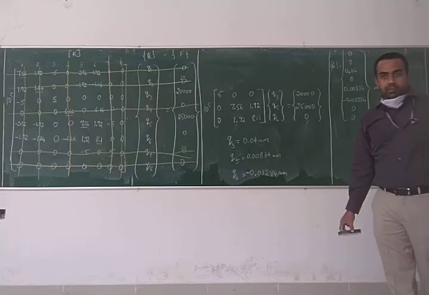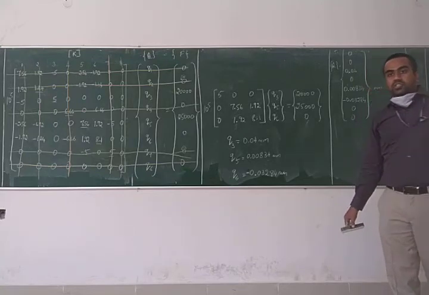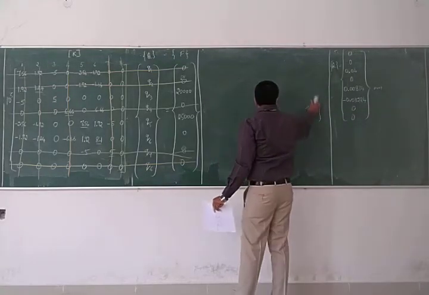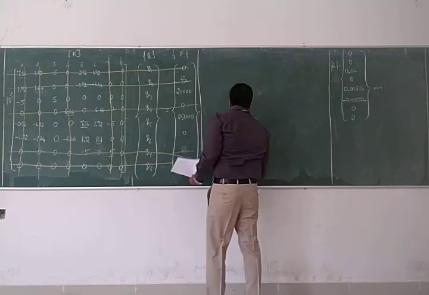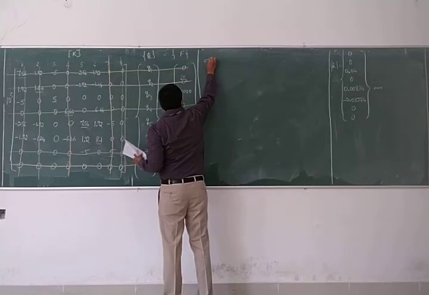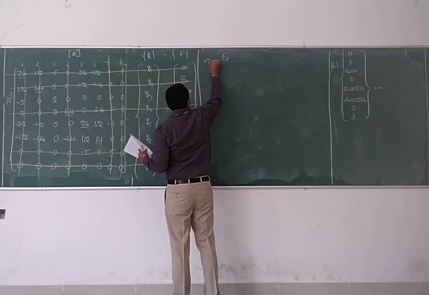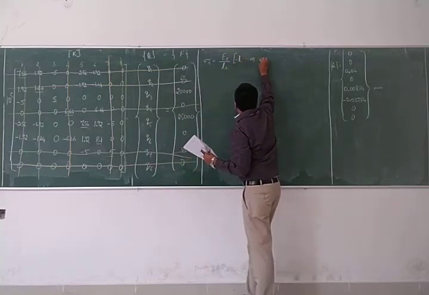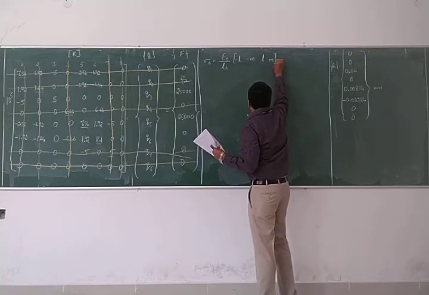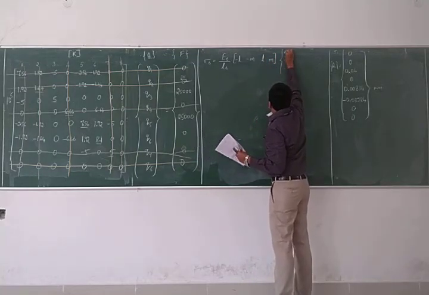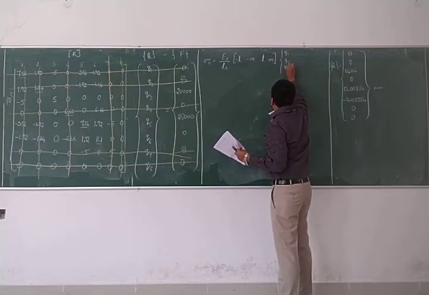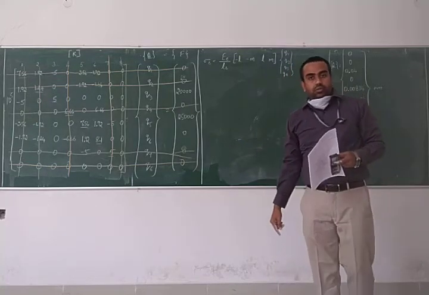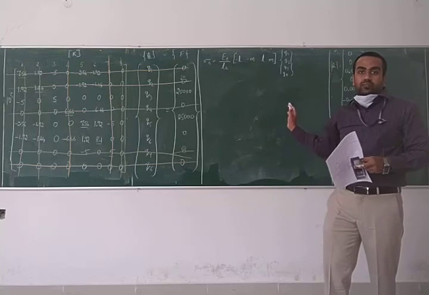Once we know the displacement values, we can calculate the stress values. So stress is obtained by the equation sigma equals, we have taken this yesterday, sigma e equals E by L times minus l, minus m, l, m multiplied by Q1, Q2, Q3, Q4, where the suffix e denotes the element number. So these Q1, Q2, Q3, Q4 relate to the displacements of the two nodes of that particular element.